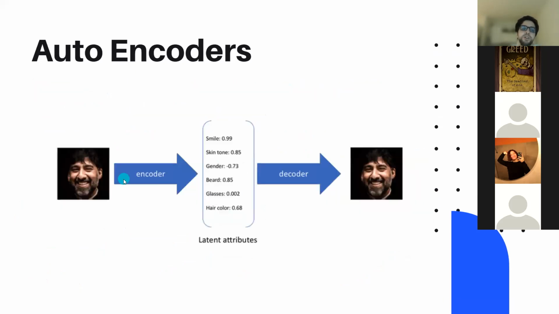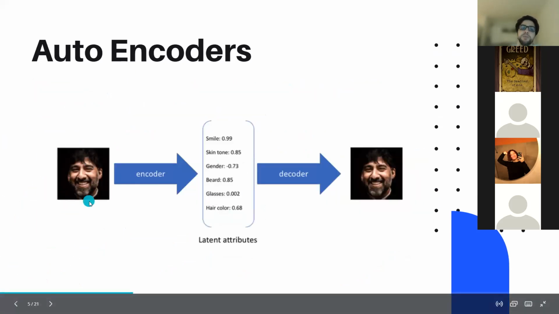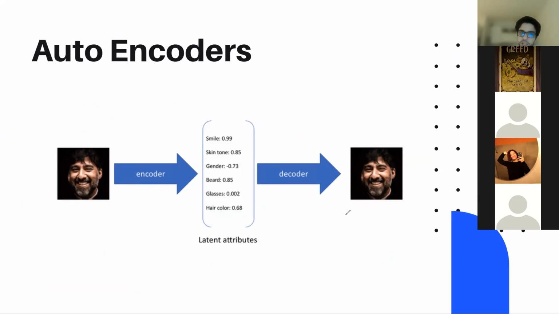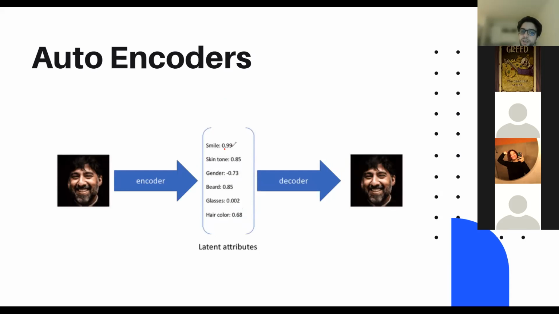Here, for example, we take an image of this smiling person and we extract, let's say, some features. Of course, the features that are going to be extracted are not going to be humanly interpretable, but just for the sake of understanding, we will consider these are the features that the neural network is extracting. So this is the latent attributes or the latent space that the autoencoder is generating. Here, for example, we have smile set to 0.99 because he's smiling.